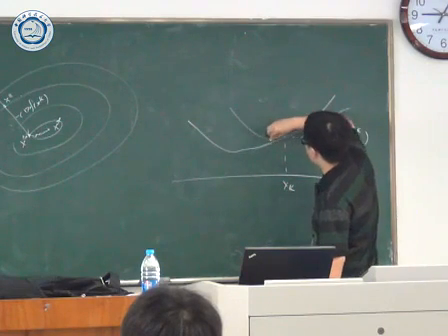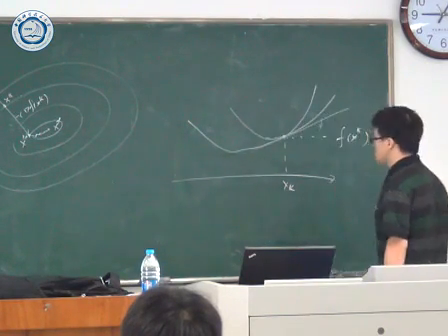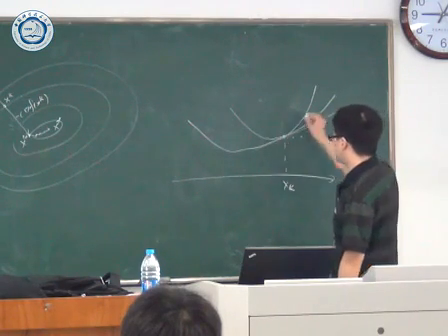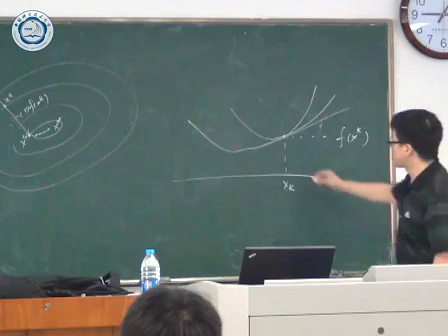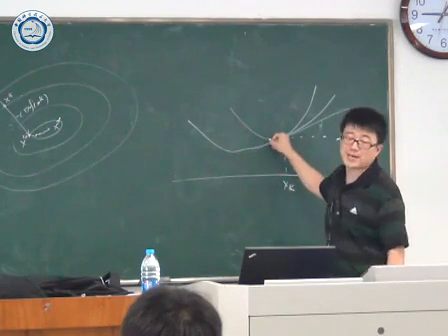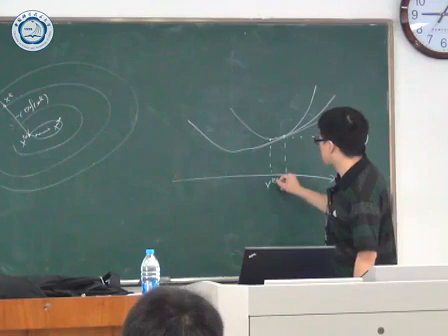So I'm doing something like this. I didn't draw it very well, but this is the idea. And then how do you get the next point? You get the next point as the minimizer of this quadratic. So you get this point. This is xk plus 1.